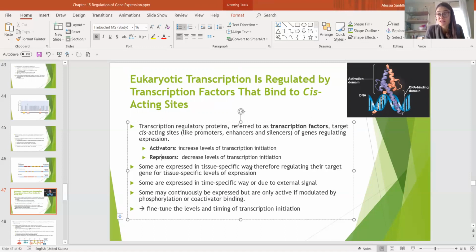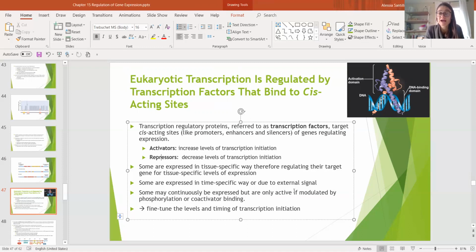Some of them are expressed in a very tissue-specific way, and therefore they can regulate their target gene for tissue-specific levels of expression. Some are expressed in time-specific ways or due to an external signal as well, so that external signal will basically activate them, whether they're the activator or the repressor, and then they pass on that signal and what's supposed to happen due to that signal onto the genes. Some may be continuously expressed.